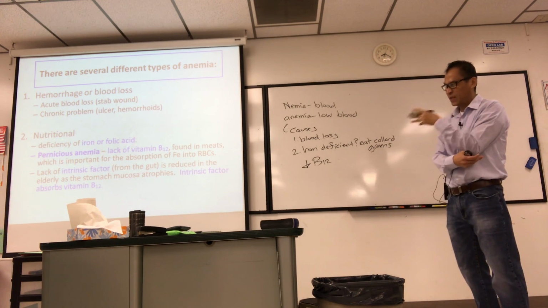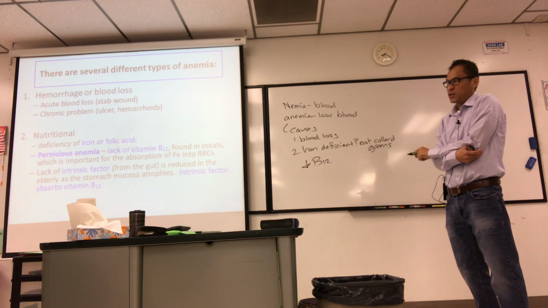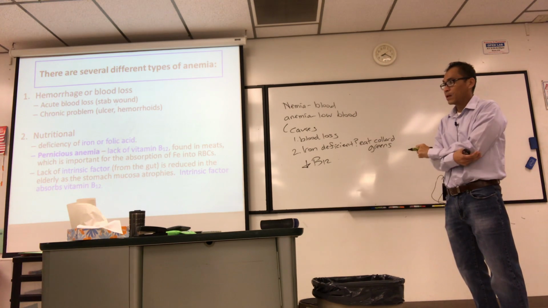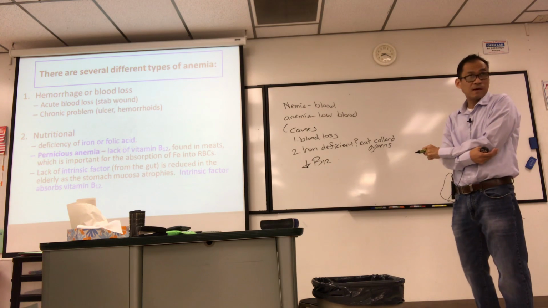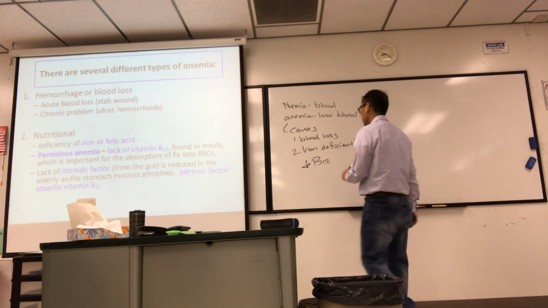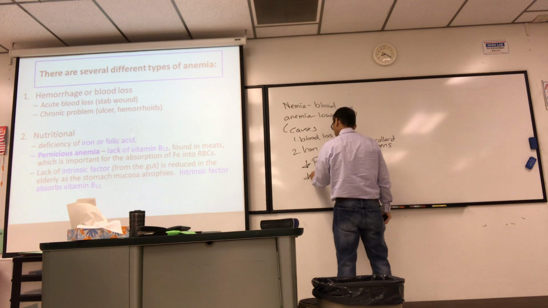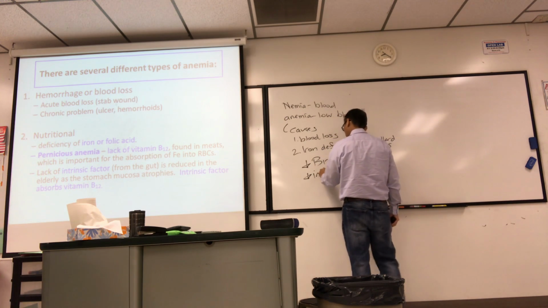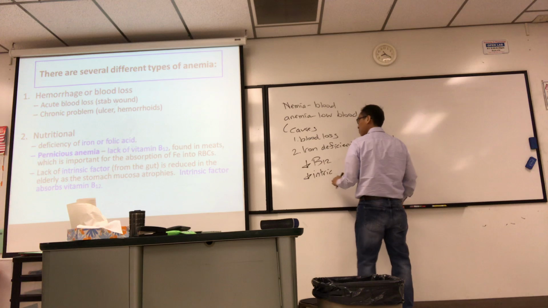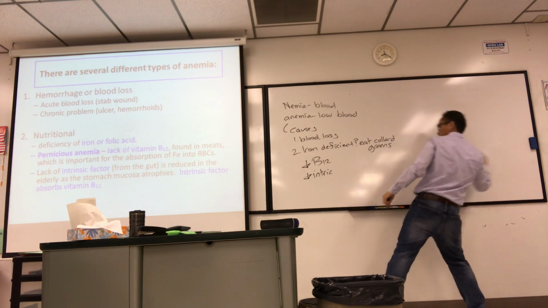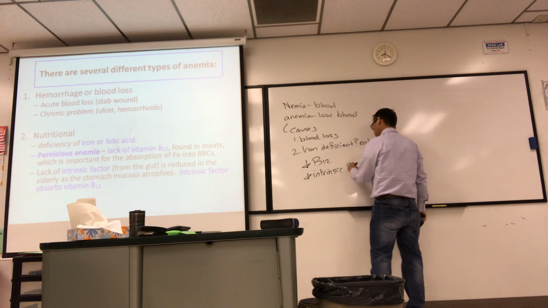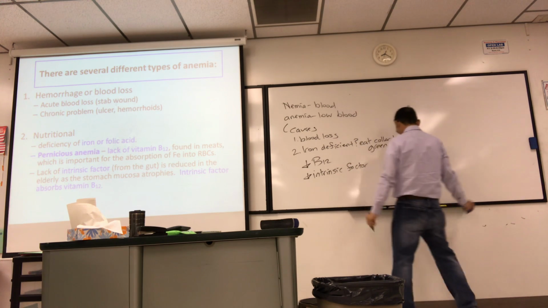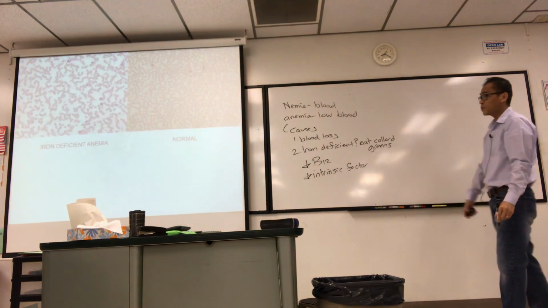So if you lack B12, it could be because you lack intrinsic factor. For example, in the elderly, the gut mucosa kind of atrophies. So that could be a factor. Lack of intrinsic factor. So there's a few nutritional things.